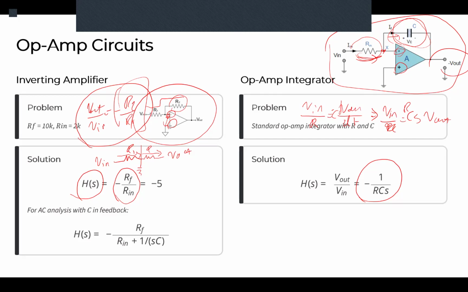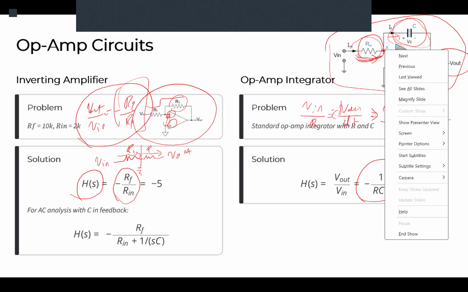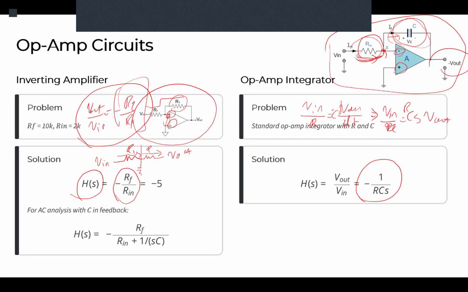The voltage across the resistor is V in, because this one is 0. So if you put these two equal to each other and run a Laplace transform, you can find your transfer function relating the output and input. Are you good?